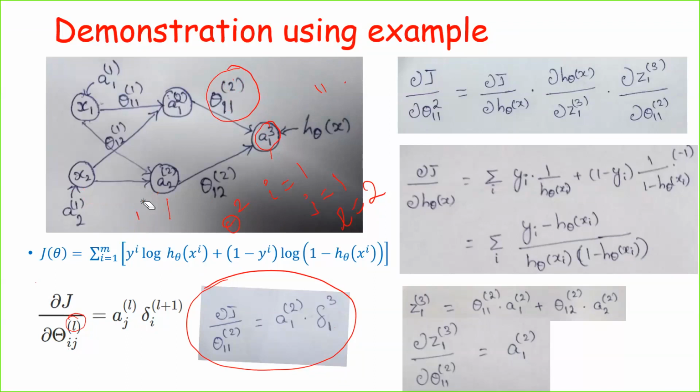So just try to map these notations with these weights. What is the i value? 1. The j value? 1. And the l value? 2. Substitute i, j, l values in this and you will get this, as simple as that. It is through the direct formula. Clear?